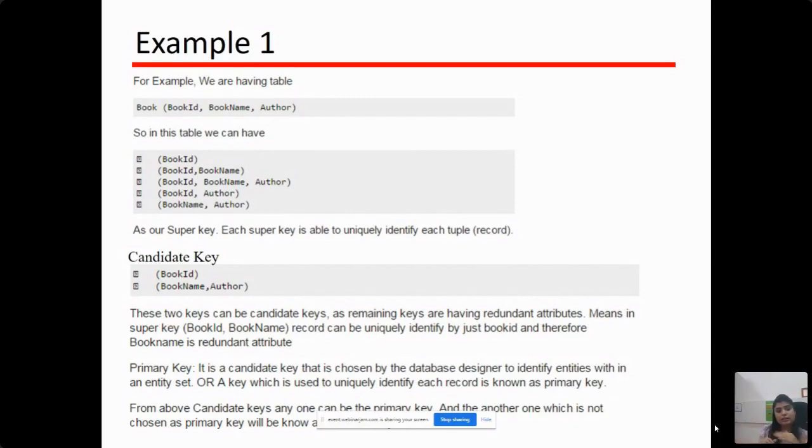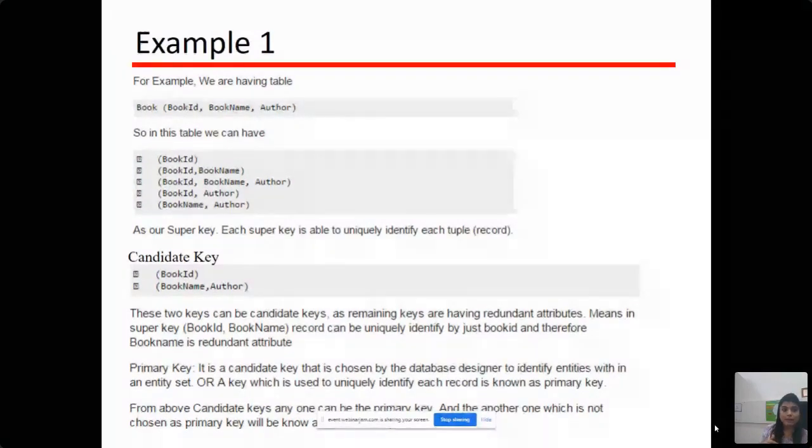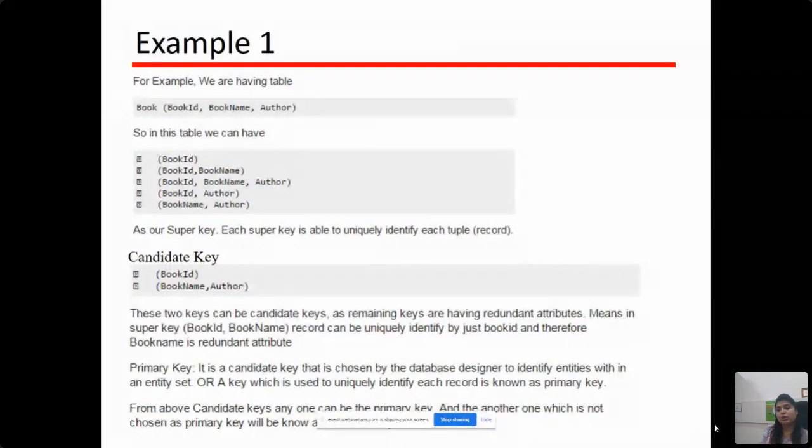If I don't have the book ID, then in that case I should have the book name and the author name. I just cannot search with the book name alone, because there may be multiple books with the same name. Like for DBMS only, we have so many books with the same name.